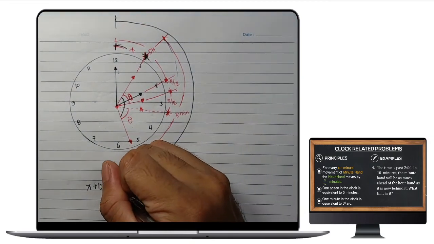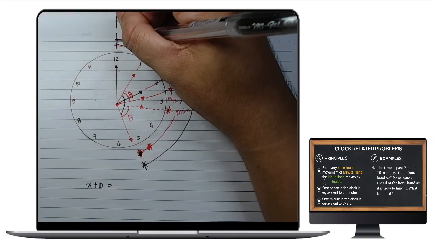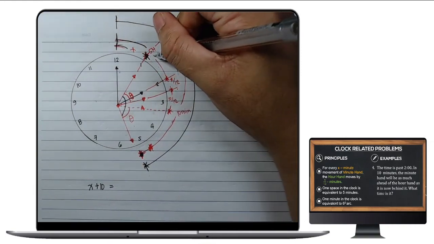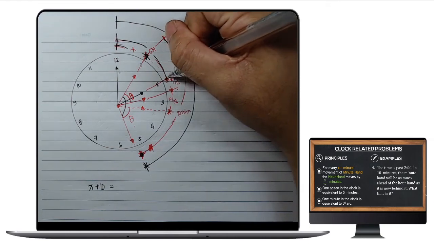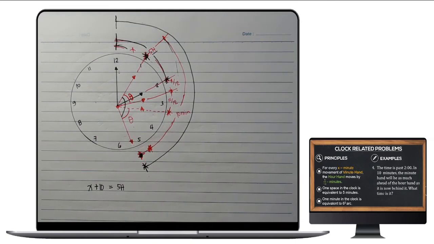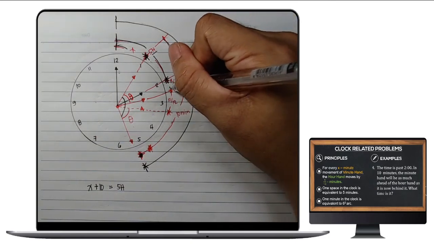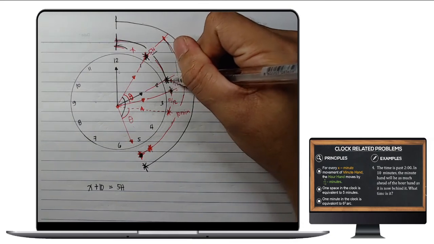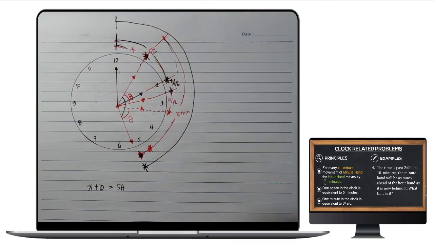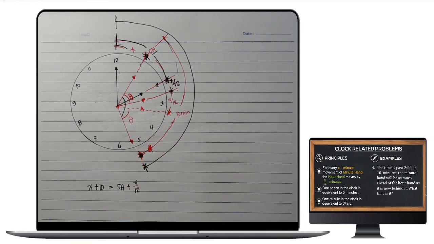And that is equal to, kabila, from this point going to this one, nandito, that is 5h. Then from this point to this point, that is x over 12, so plus x over 12.